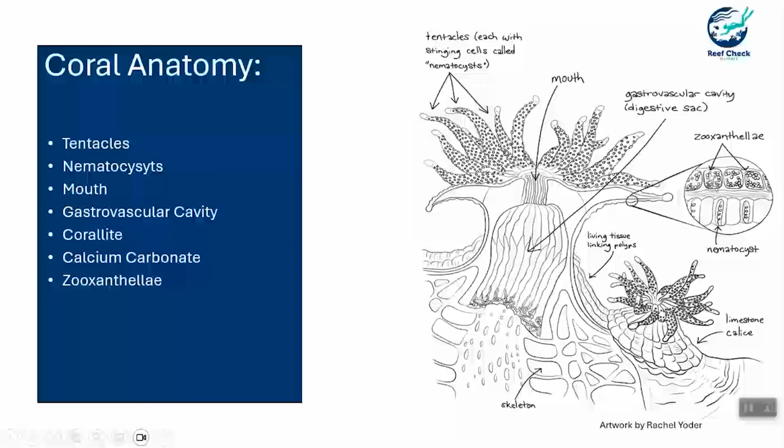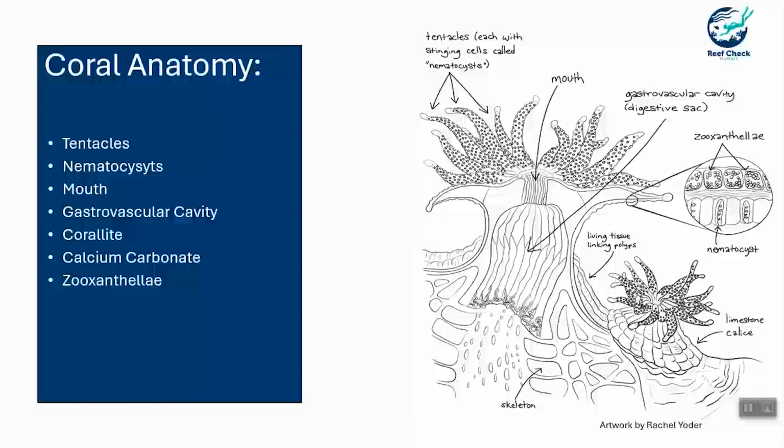Zooxanthellae is an algae that lives inside their cell walls, and this algae uses some nutrients that pass through the coral polyp, as well as sunlight and carbon dioxide produced by the coral polyp, to photosynthesize, creating sugars, which in some cases can make up to 80% of a coral polyp's food.